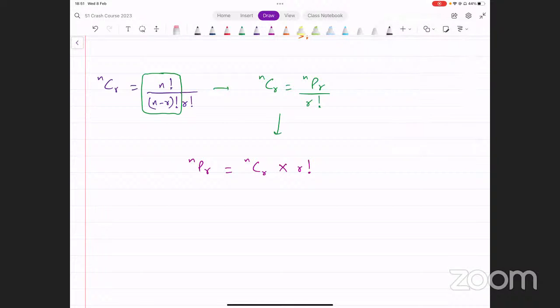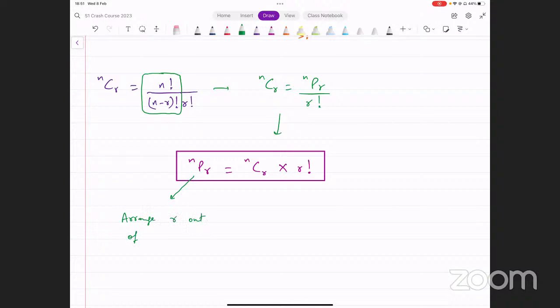So permutations and combinations are related to each other using this equation. So what does nPr mean? This means you want to arrange r out of n objects.